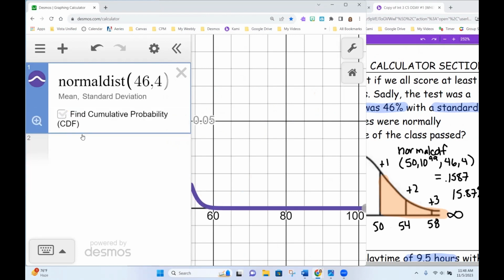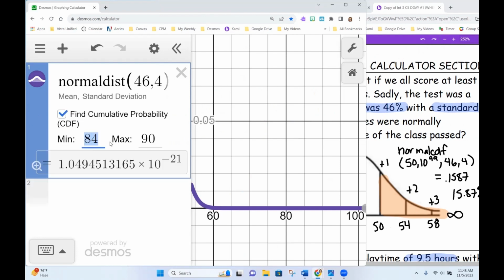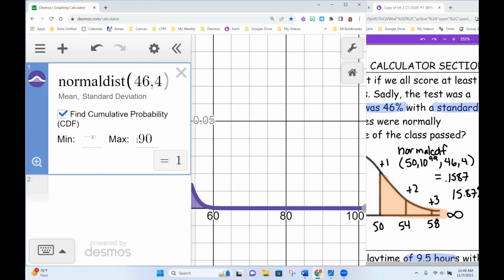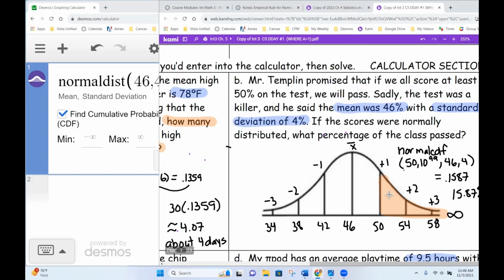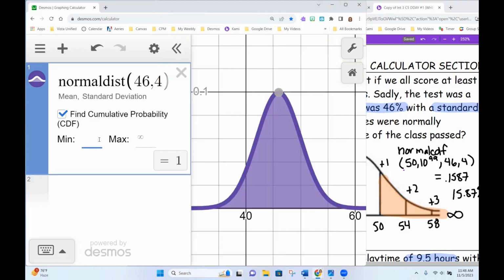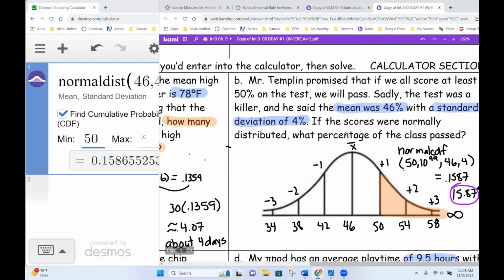Let me get rid of that for a second and redo that. So you see right now it's going to show it from negative infinity to infinity. For this one, we want it from 50 to infinity. So I can put 50 in here and it's going to show me the answer, which is 15.87, which is what we got here.